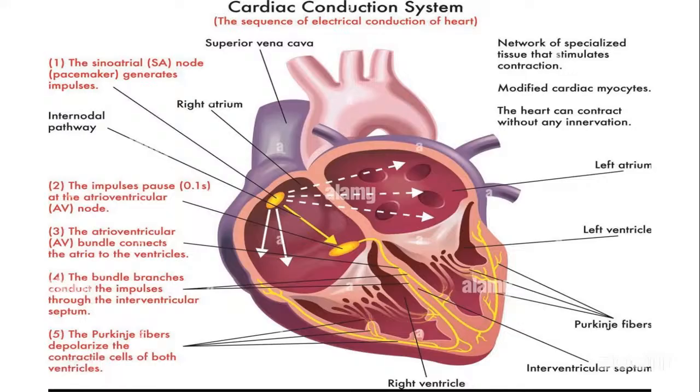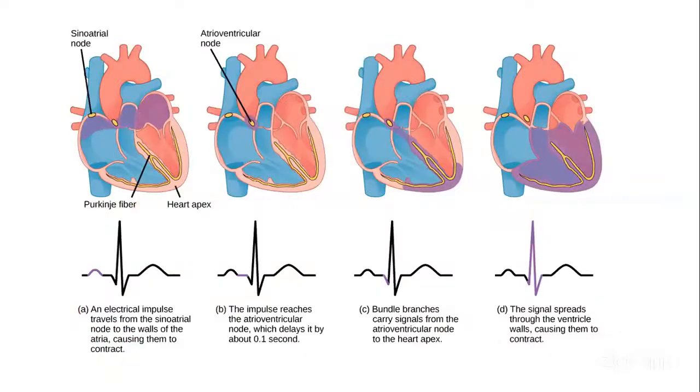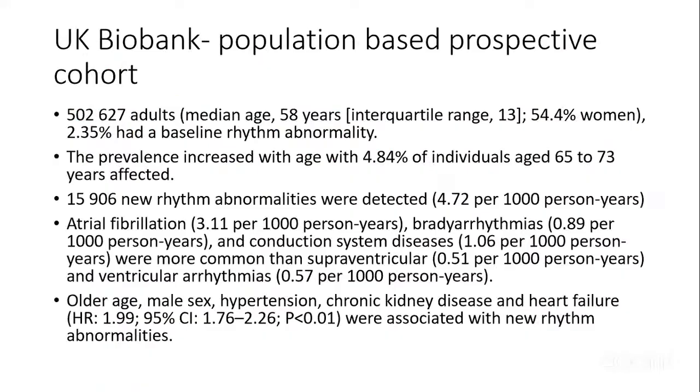And that is what we're mainly going to be talking about this evening. So it's just the same thing showing how the impulse is generated and going down until you get to the Purkinje fibers where the ventricles are depolarized.